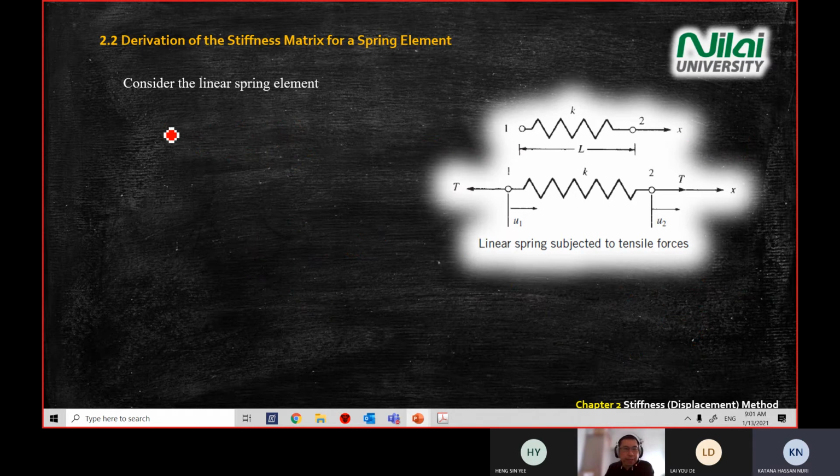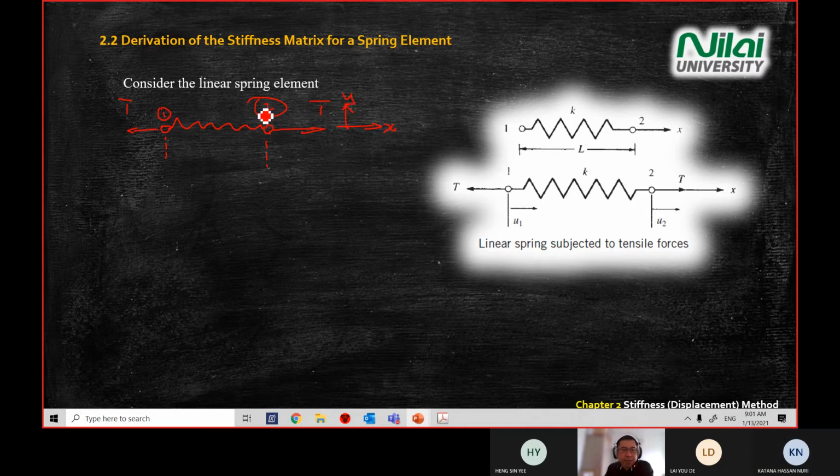Let's say you have a spring system, and you have point 1 and point 2, correct? Let's say we pull from two sides, we have a tensile force on both sides, and you have x direction and y direction.